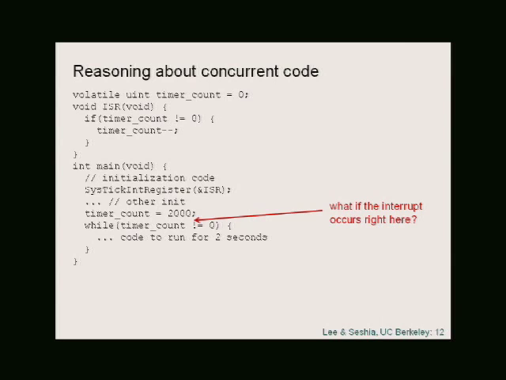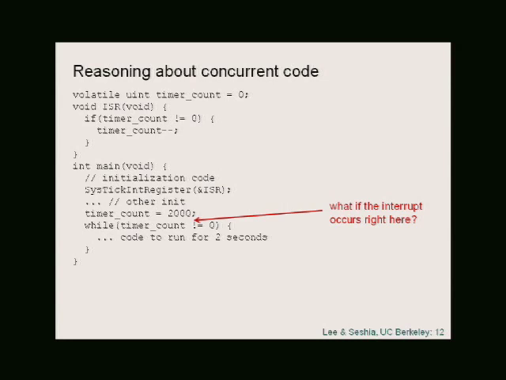Okay. All right. So let me repeat what Apurva said. The point that was raised was, what if the ISR routine takes on the order of 2 seconds to run? So you have a big ISR routine.